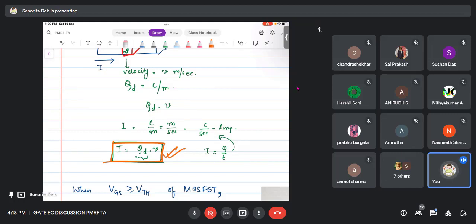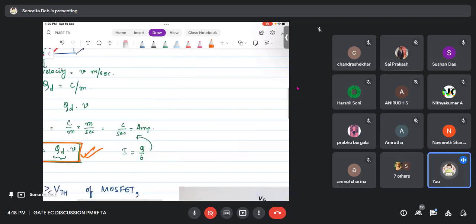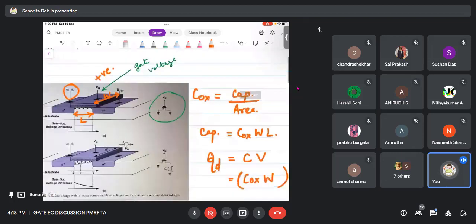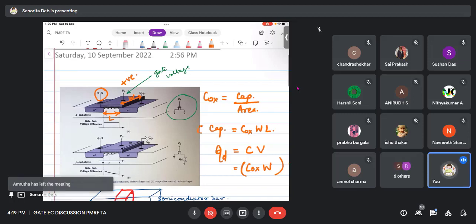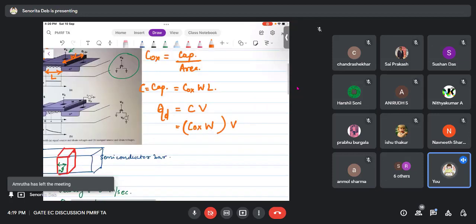So now I went to the inversion layer, and we saw that W and L are the dimensions of the MOSFET, and normally we talk about oxide capacitance. So oxide capacitance is always given as capacitance per unit area, and therefore the total cap C will be nothing but COX into WL. But here what we are doing, we are checking charge density. So this will have units of what? Charge density is coulomb per meter, right?